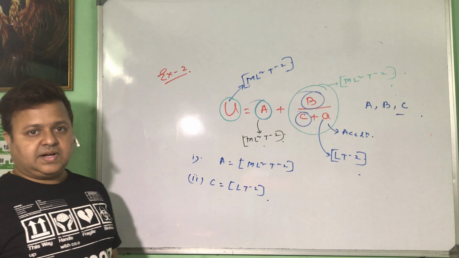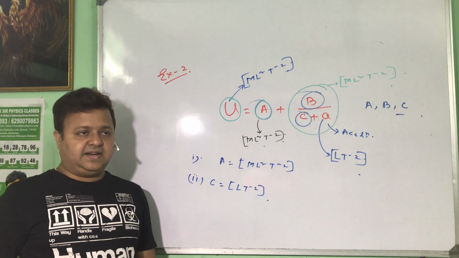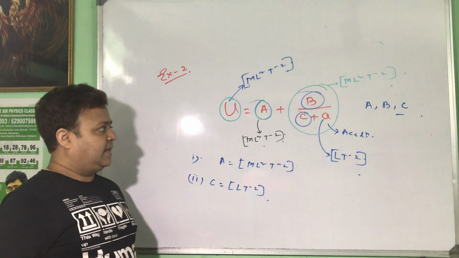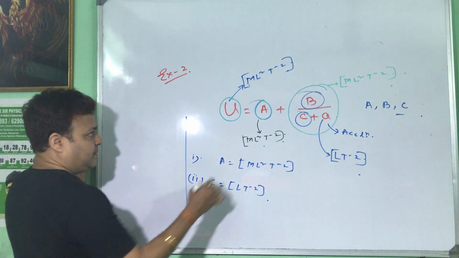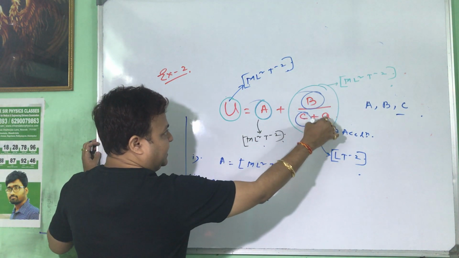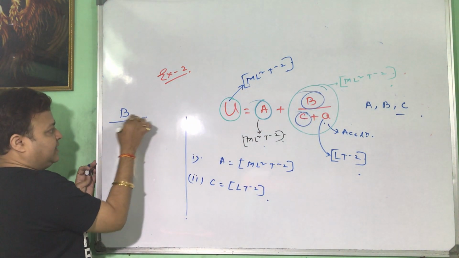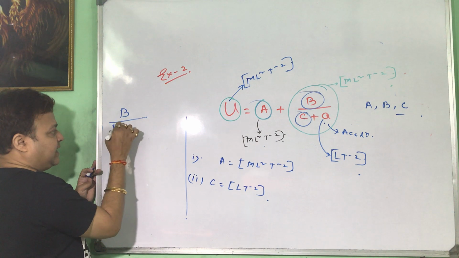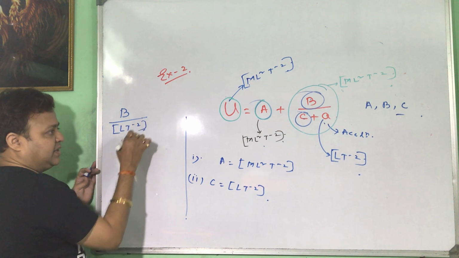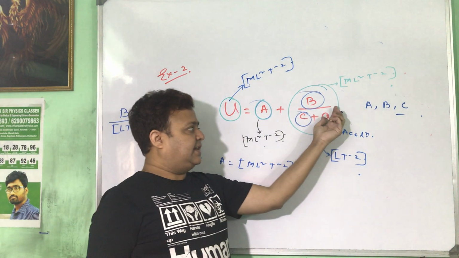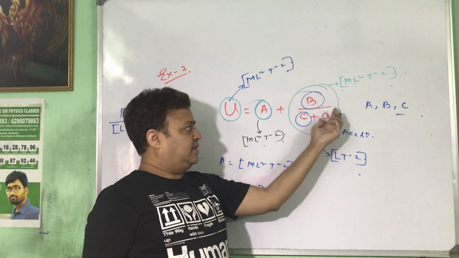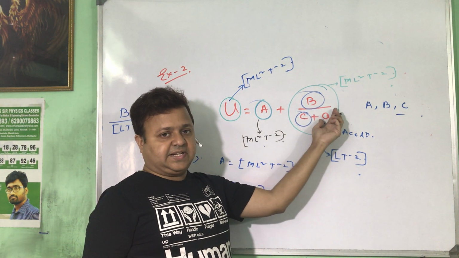Whatever the coefficient may be, we have to find only the dimension. Next, B by (C plus A) must be the dimension of energy. That is B by (C plus A), which is the dimension of acceleration, because both C and A have the dimension of acceleration.